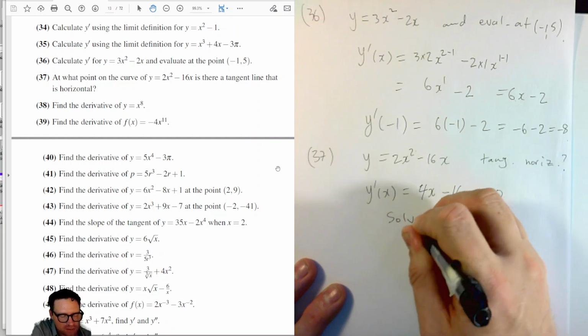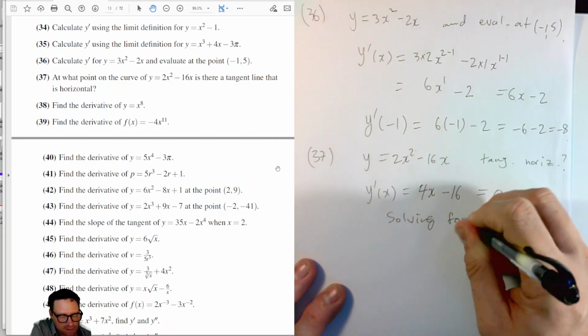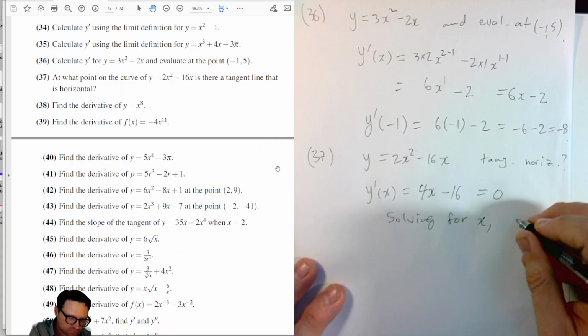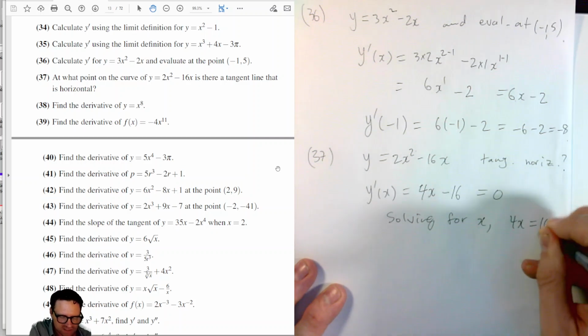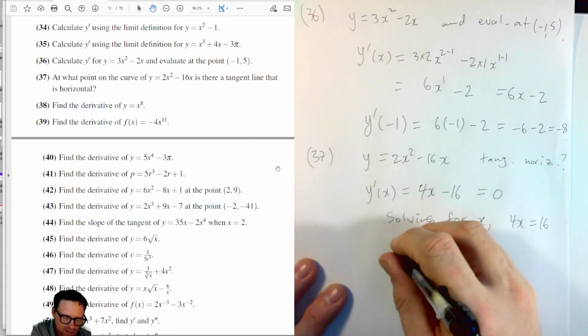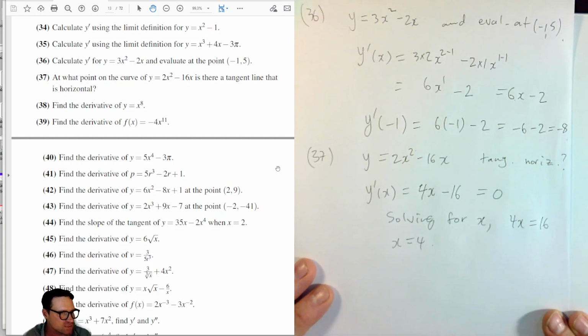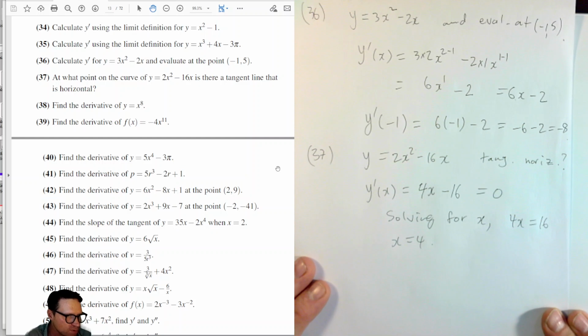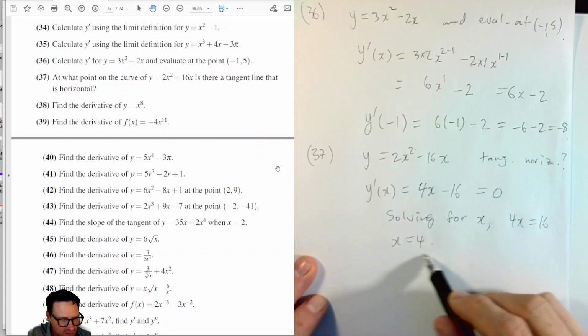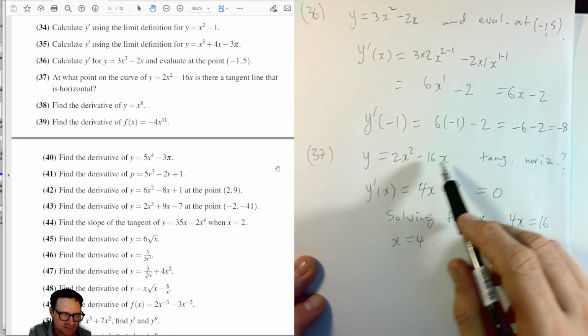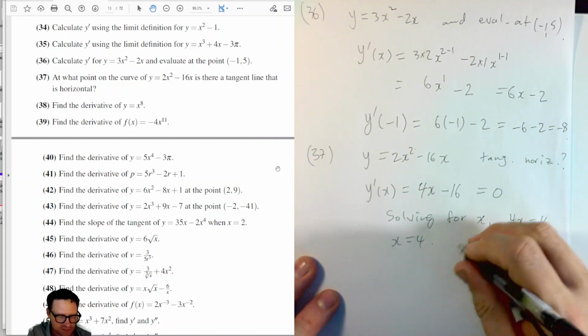Okay, so solving for x, we have 4x is equal to 16, divide by 4, and we get x is equal to 4. Does that answer the question? At what point? Okay, so we've got an x value, we need a y value. So we then sub this 4 back into the function.